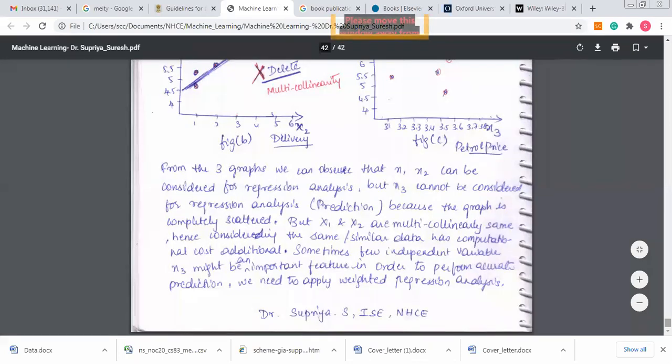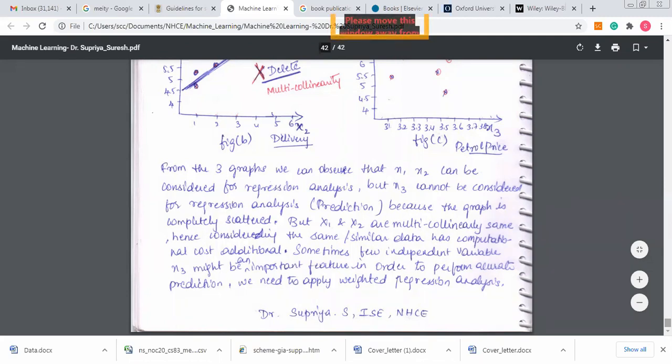In that also, x1 and x2 are multi-collinearly the same. Hence, considering the same or similar data has an additional computational cost, as I already specified, because we have the multi-collinearity, since they both have the same characteristics. They both have the same values in predicting the y. So since they are very similar, they're going to have some computational cost.